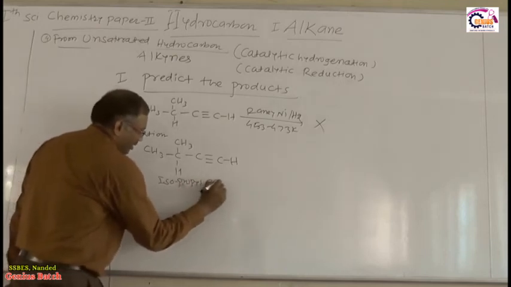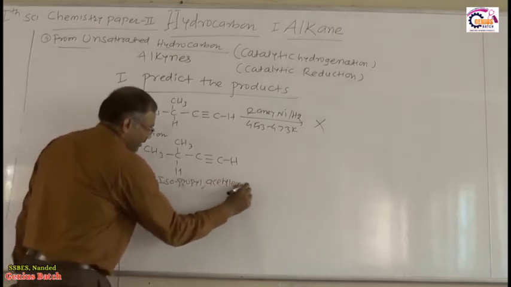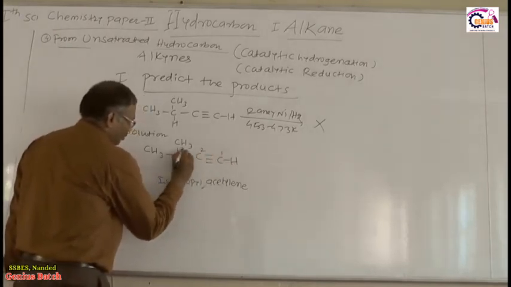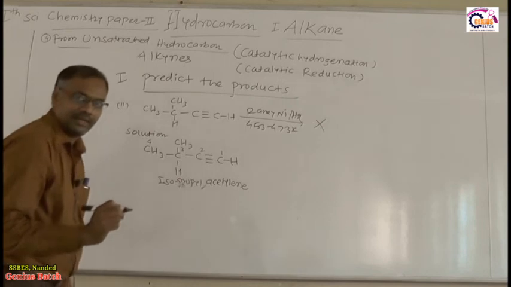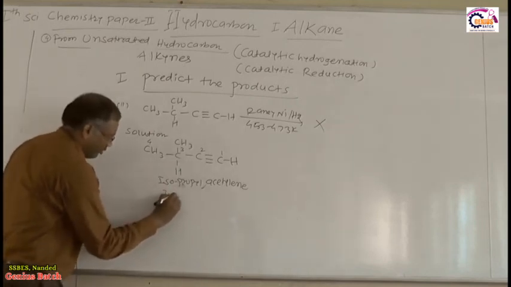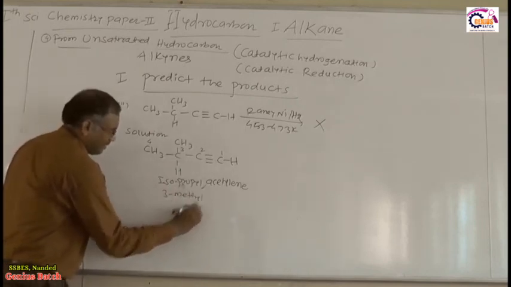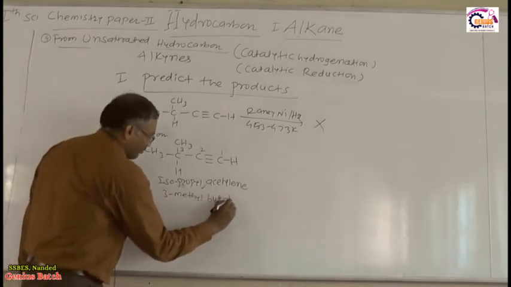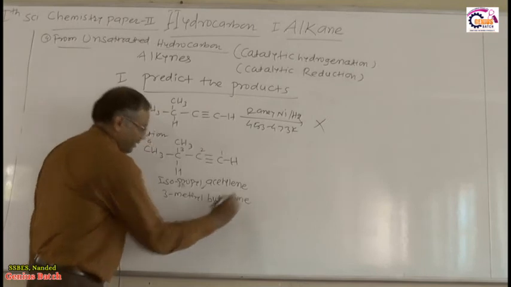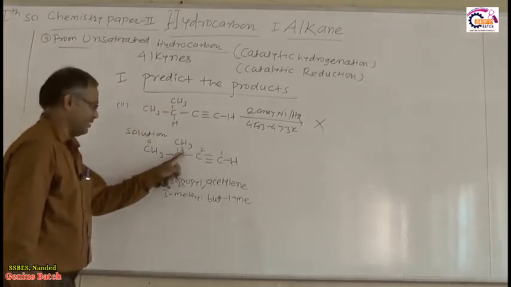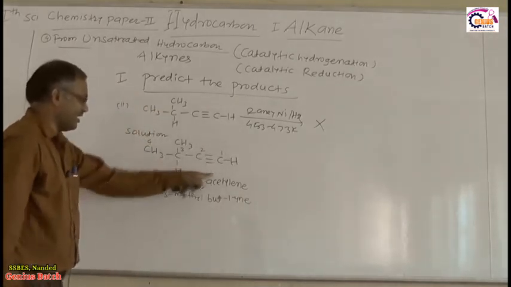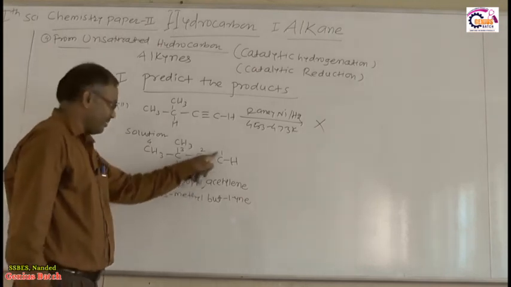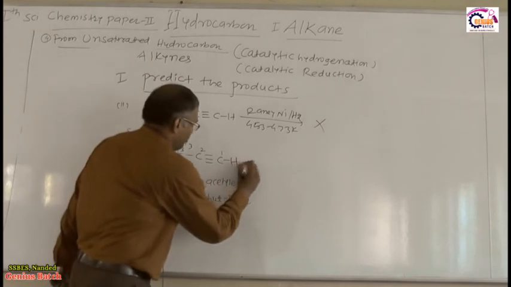Then put the word acetylene: isopropyl acetylene. Then the IUPAC name: 1, 2, 3, 4. At the 3 carbon, 1 methyl group is there, so 3-methyl. How many carbon atoms in the straight chain? 4. So butane, with 'ane' replaced by 'yne', triple bond present at position one, so 3-methylbut-1-yne.